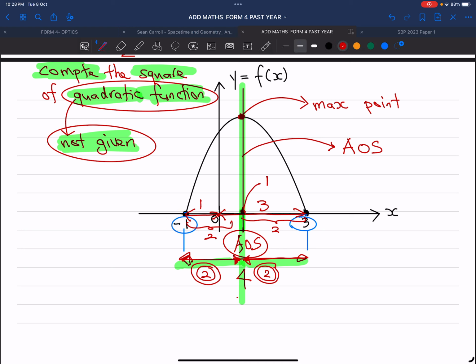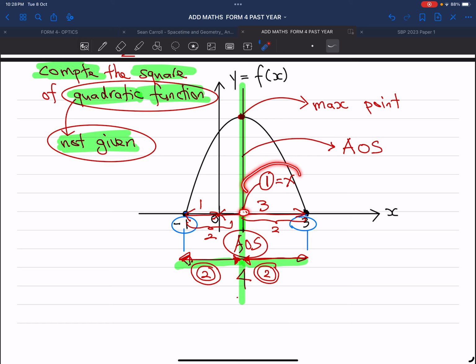The x coordinate is 1. Or I can take the 3 and minus the 2, and I still get 1. So we have two options: either you take -1 plus 2, and you get x equals 1, or you take 3 minus 2, and again this x point is 1.